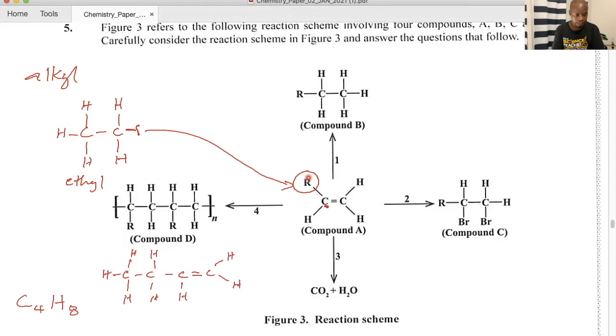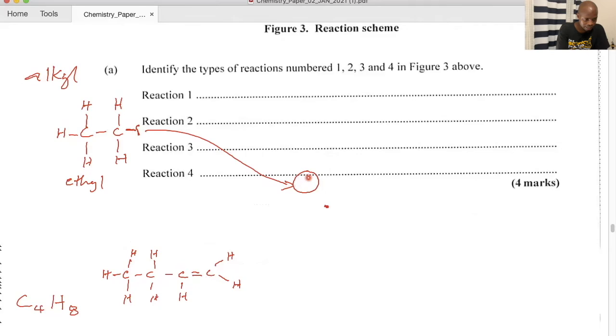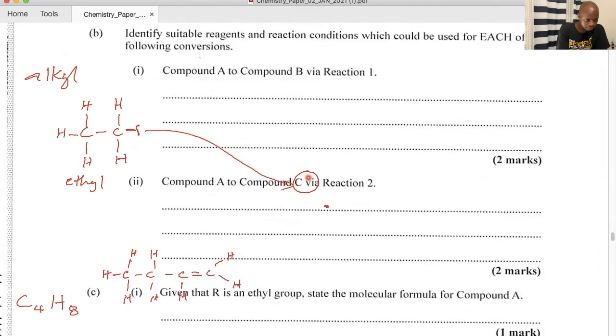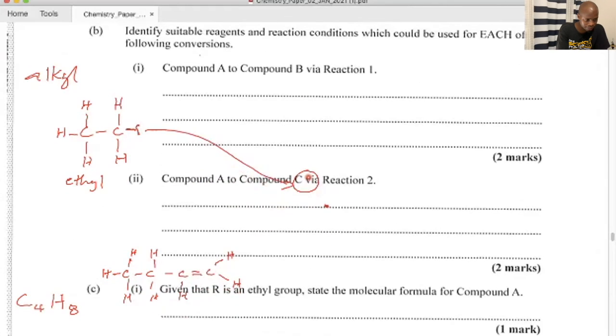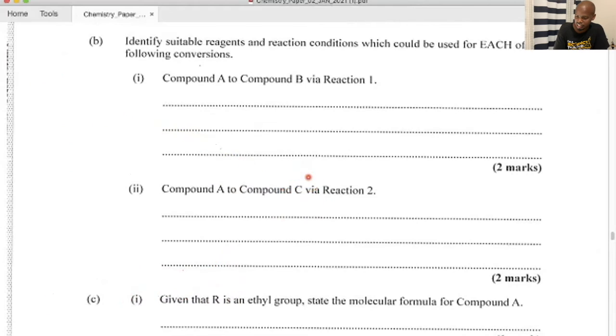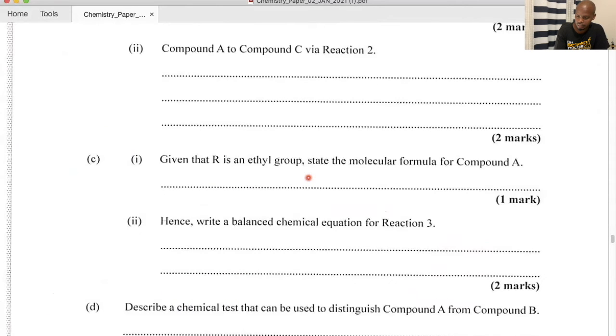So in this case, the molecular formula for compound A would be C4H8. So we would just fill that in right here, C4H8. Hence, write a balanced chemical equation for reaction 3.